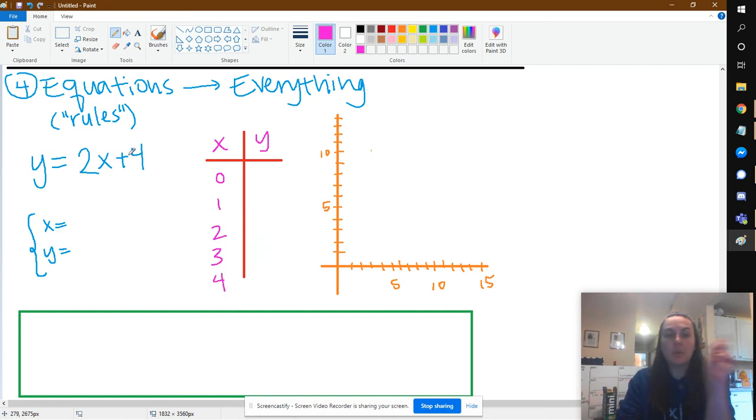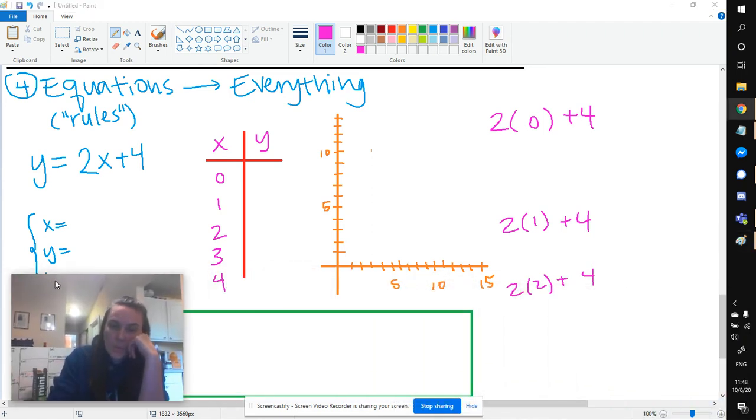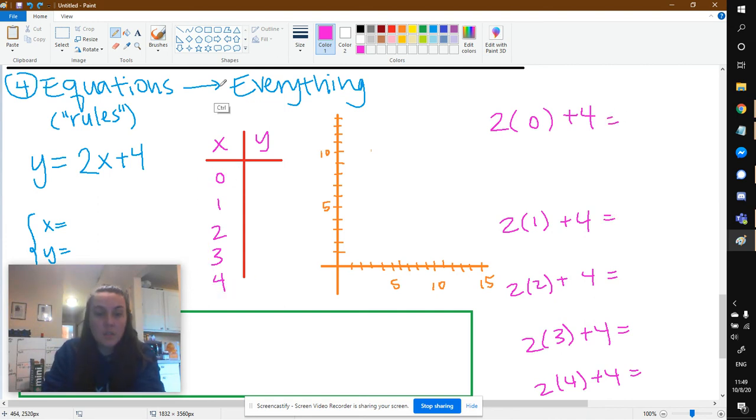To make a table from an equation, instead of writing X, we're going to plug in 0, 1, 2, 3, and 4. And by plugging in these numbers for x in the equation, that's how we're going to get this y column.